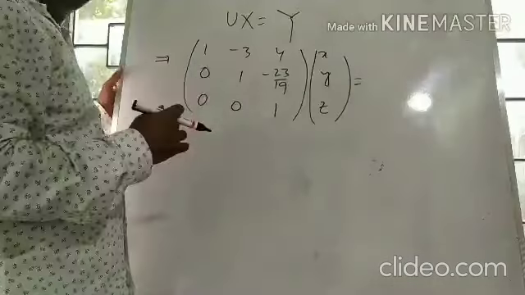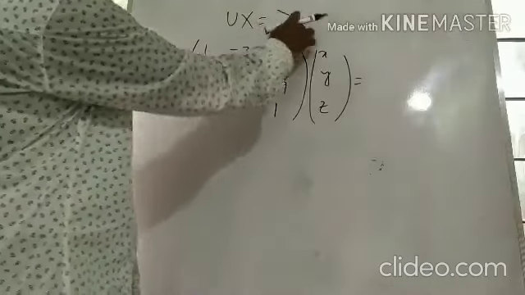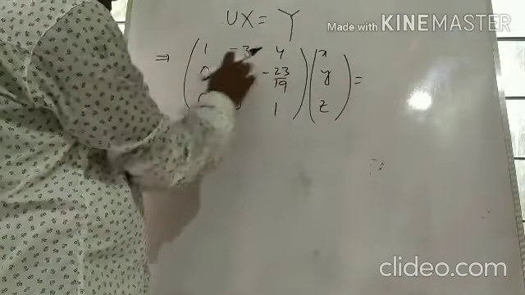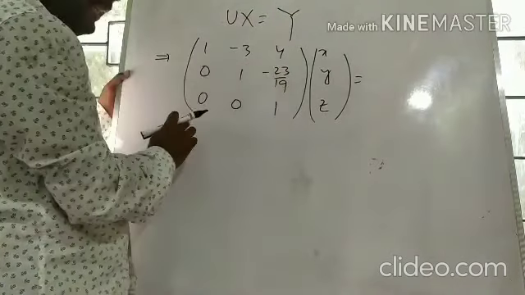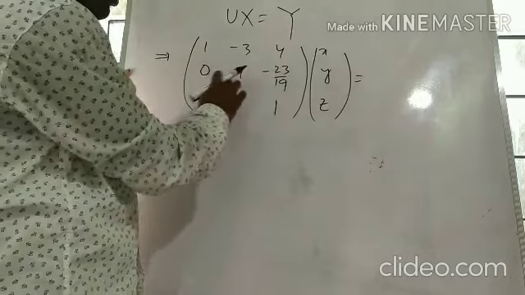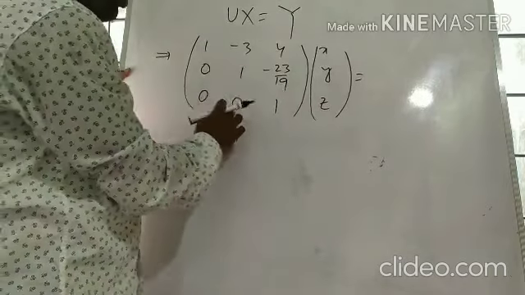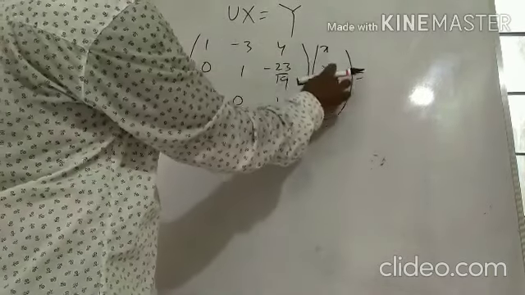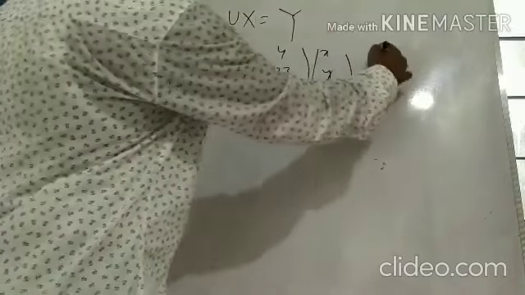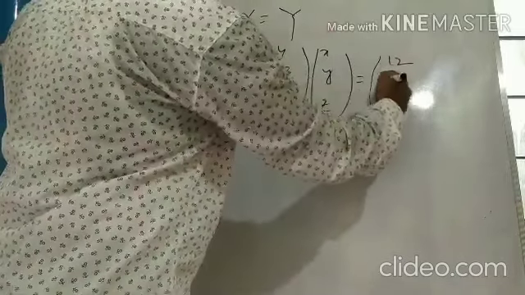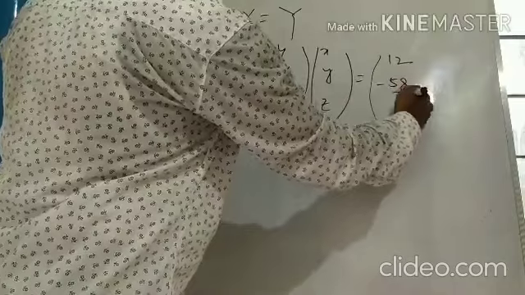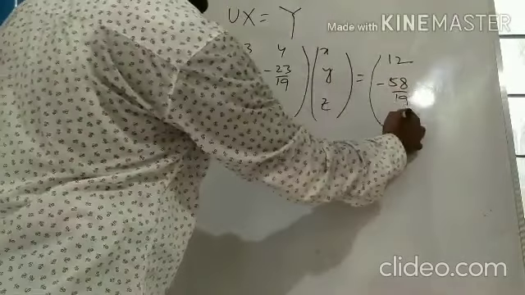So Ux equals Y, where Y is 12, minus 58 by 19, 5.